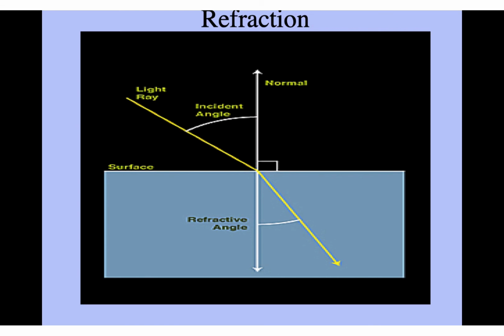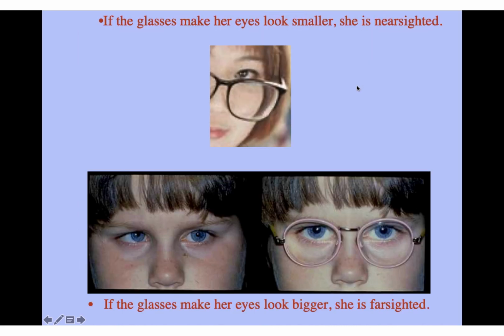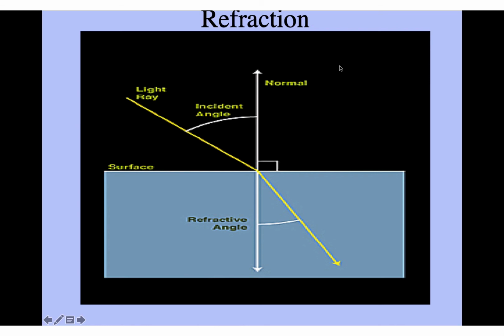Here's another picture, and again, we have an incident angle, which is always measured from the normal, a line perpendicular to the surface. The light waves strike, and normally you would also show a light reflection coming off there. Then the light passes through the material.